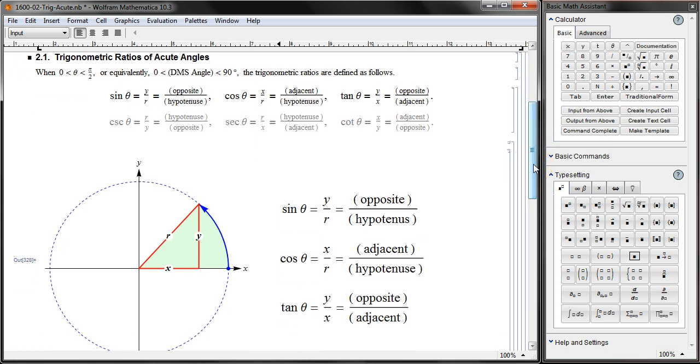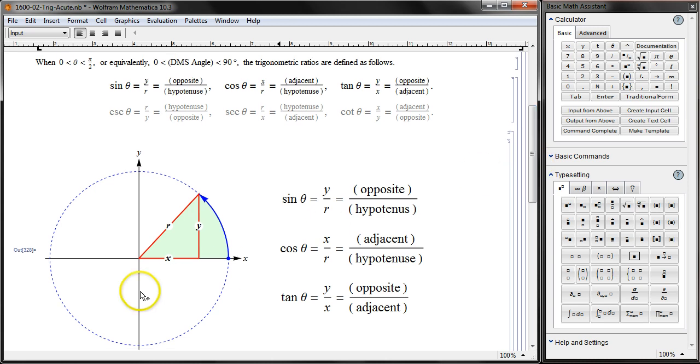We have an acute angle in the first quadrant of the unit circle here. The angle we are interested in is the lower left-hand corner angle, which is also the center angle of the sector highlighted in blue.